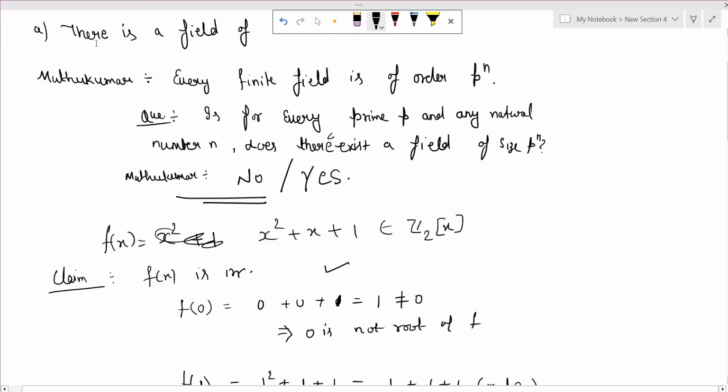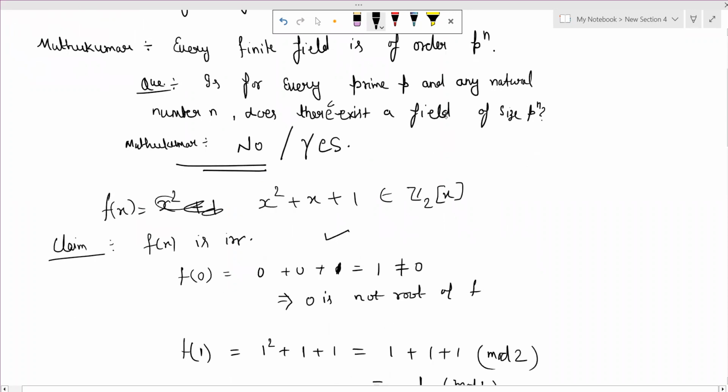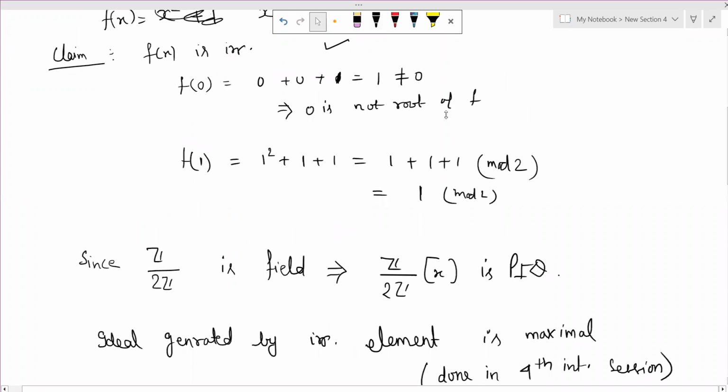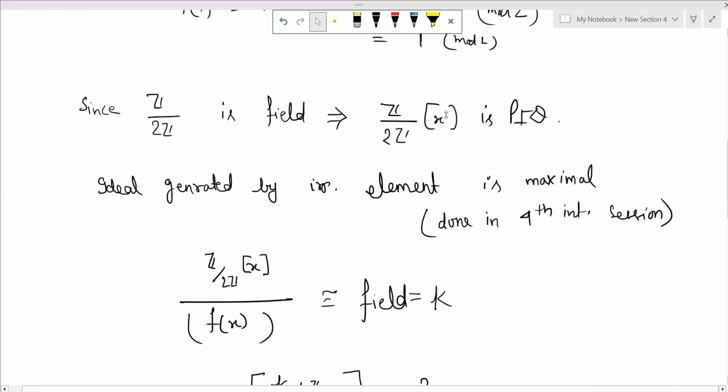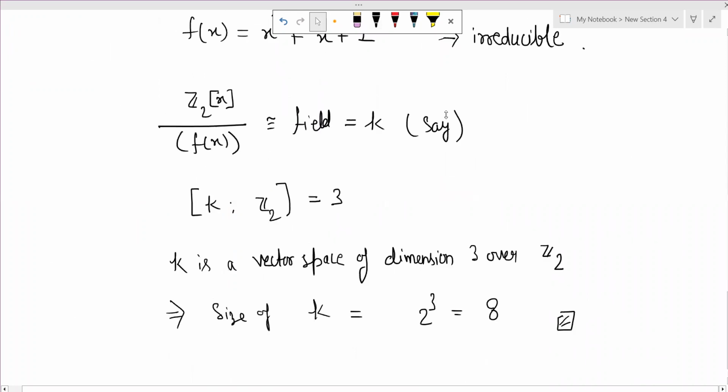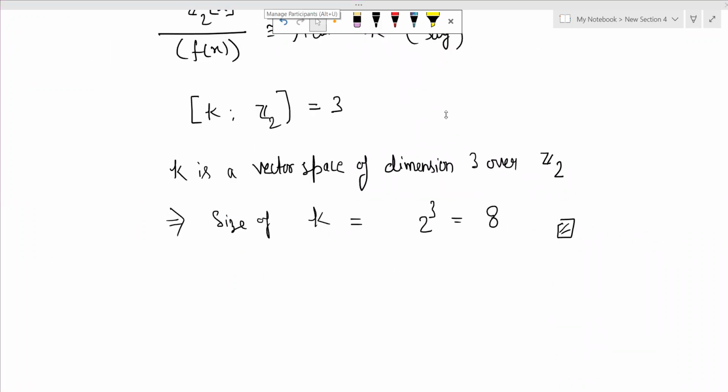So give me a field of size 9. 9 is 3 square. So how will you give me a field of size 9? Size 9 means we have 3 squared. So 3 squared means we have to start with Z2. Not Z2, we have to start with Z3.